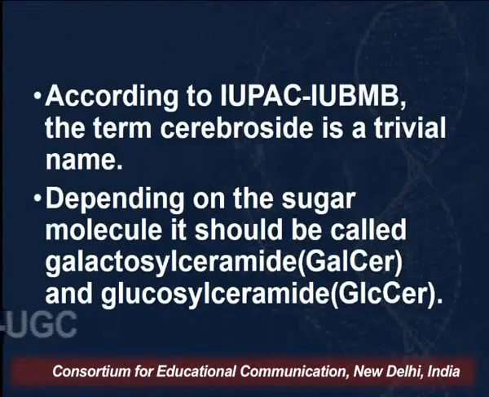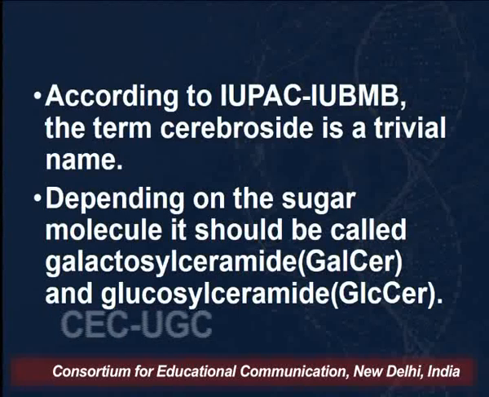And when we talk of glucosyl ceramide, we are indicating that the glucose unit is attached to ceramide through O-glycosidic linkage. The abbreviation here is capital G, L, C, capital C, E, R.